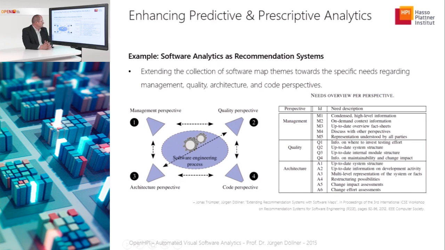The quality perspective would like to have information about the up-to-date system structure, module structure, maintainability, or investment-related issues. So this is just a starting point for categorizing the different information needs in the software engineering domain, regarding different stakeholders.